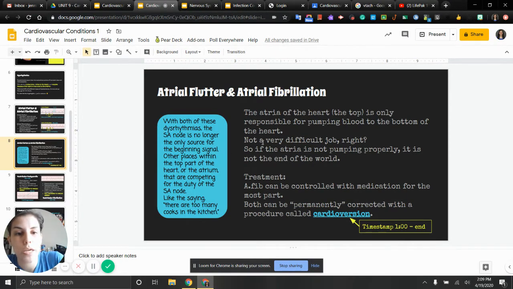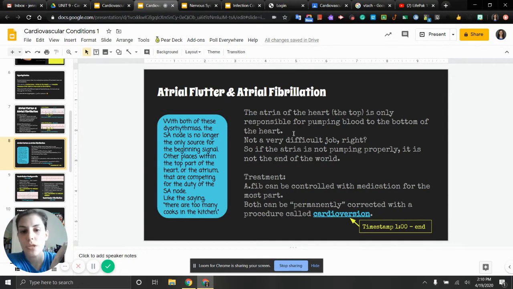Okay, so again, the top of the heart is responsible for pumping the blood to the bottom. Okay, so when the top of the heart beats, it squeezes, and it only squeezes the blood to the bottom of the heart. So it's not really that much of a distance. So if the top of the heart is not functioning correctly, it's really not that big of a deal.